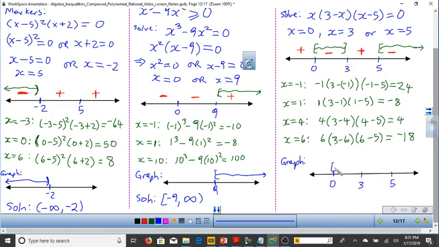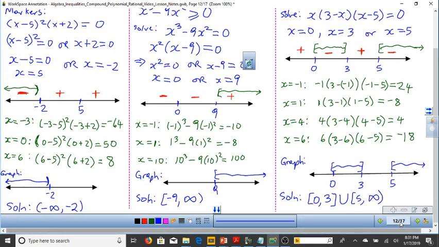I'll shade from 0 to 3 and from 5 to infinity. So my solution would be: start at 0 with a bracket, comma, stop at 3, bracket, or start at 5, comma, go to infinity. Any number in those regions would be a solution.